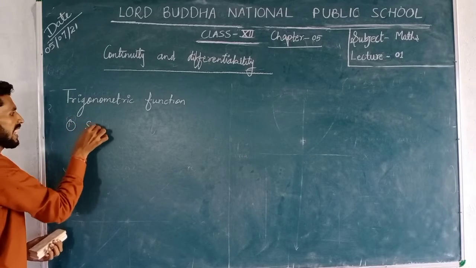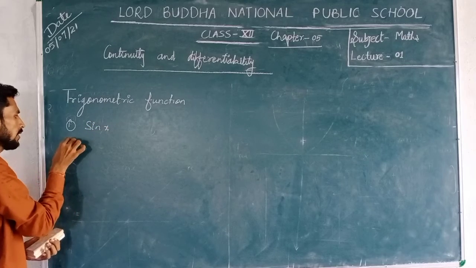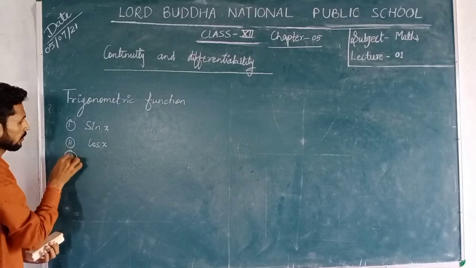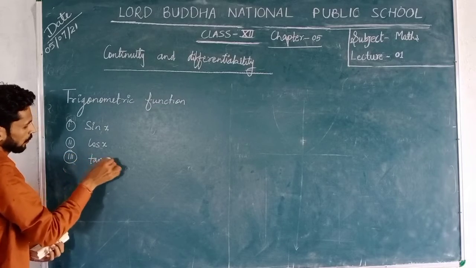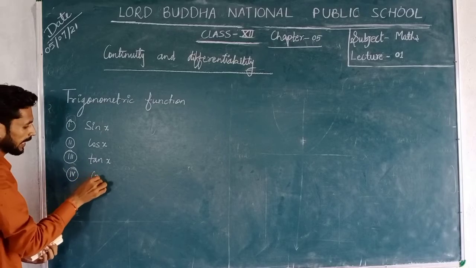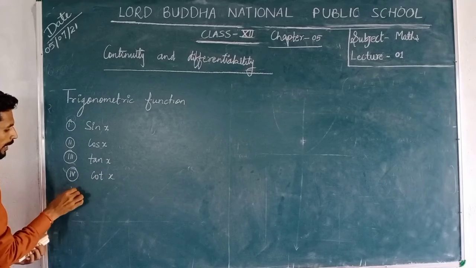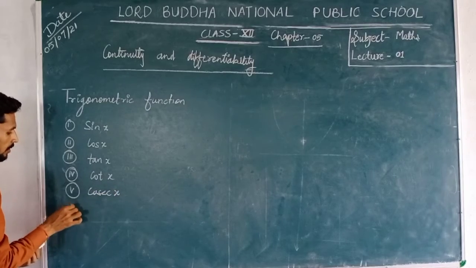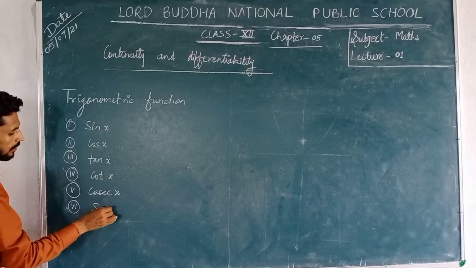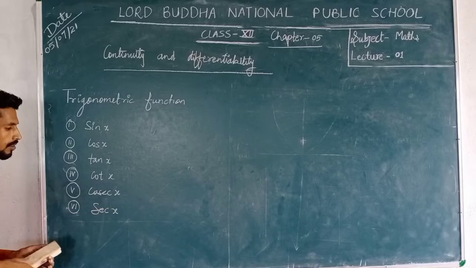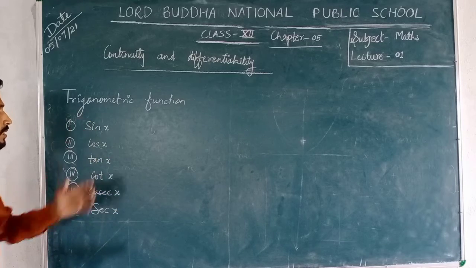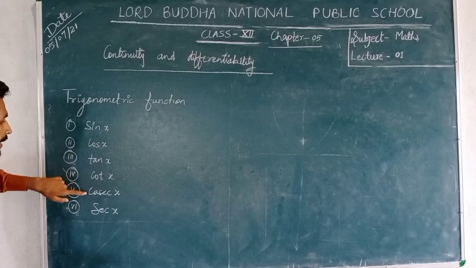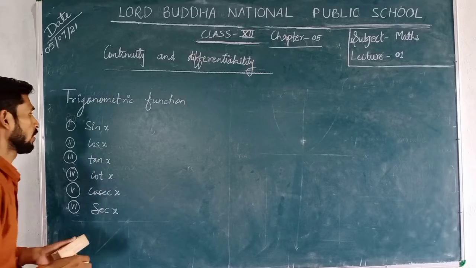First, sin x. Second, cos x. Third, tan x. Fourth, cot x. Fifth, cosec x. Sixth, sec x. Okay, there are 6 functions, that is sin, cos, tan, cot, cosec and sec.